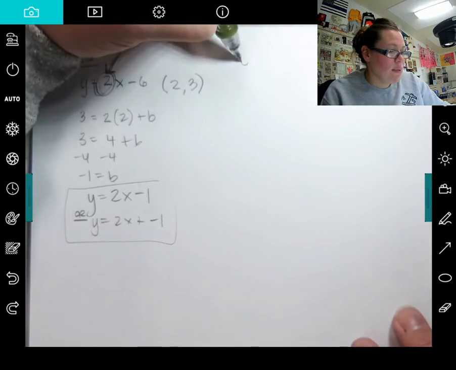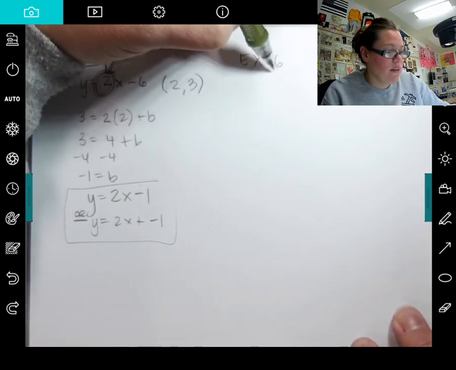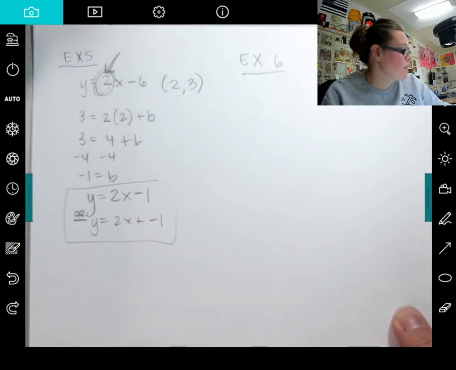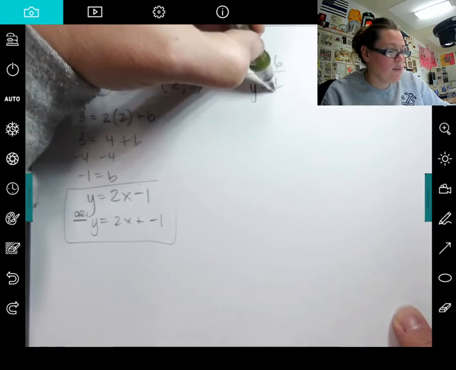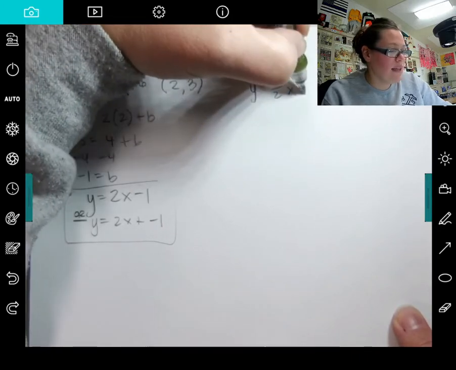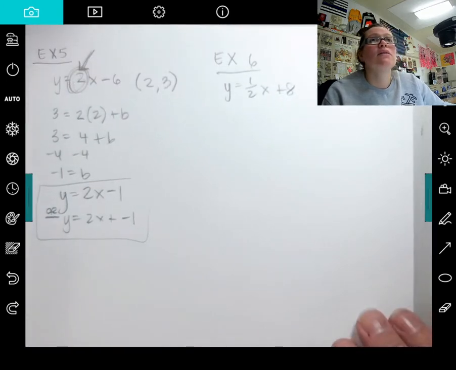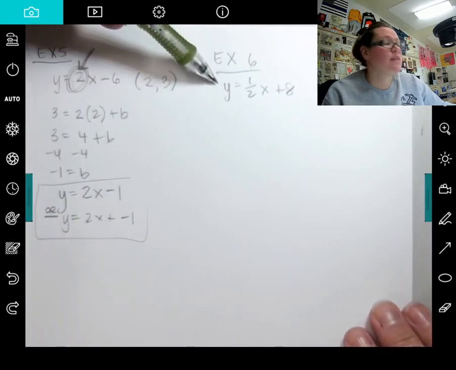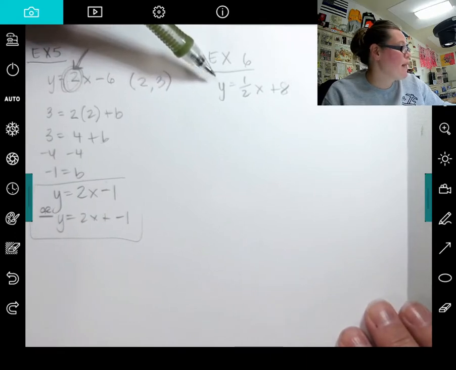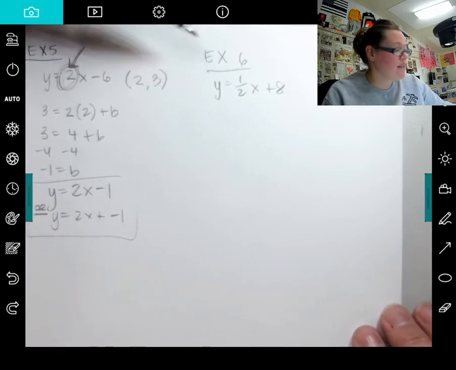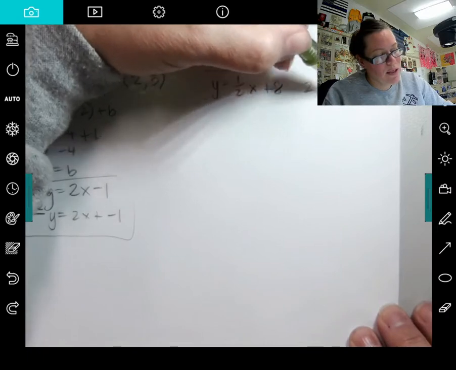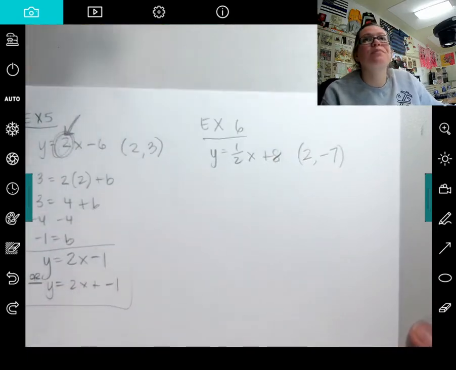Let's do one more example of these. So y equals 1/2 x plus 8 is the line that we have to be parallel to. And the point that it passes through is 2, -7.